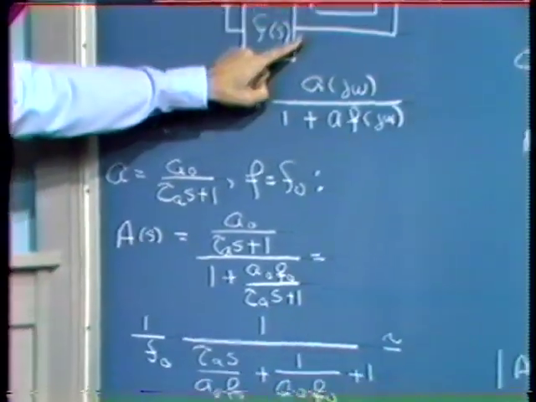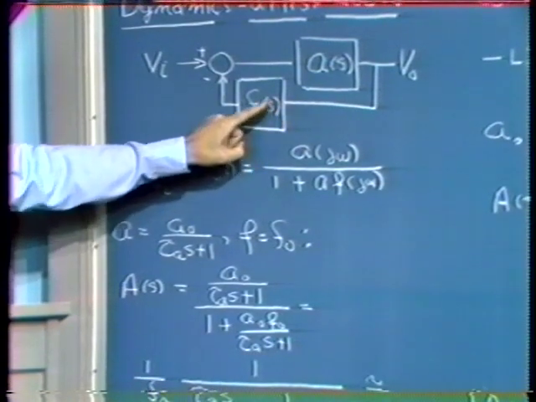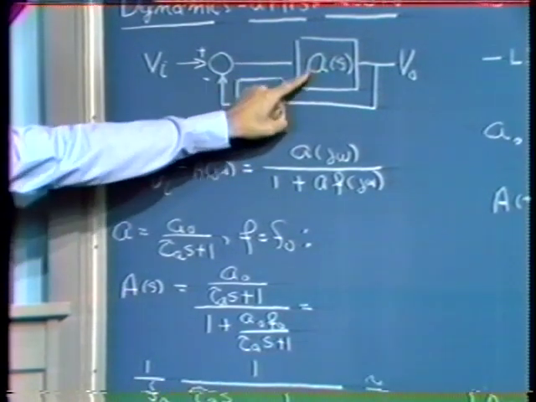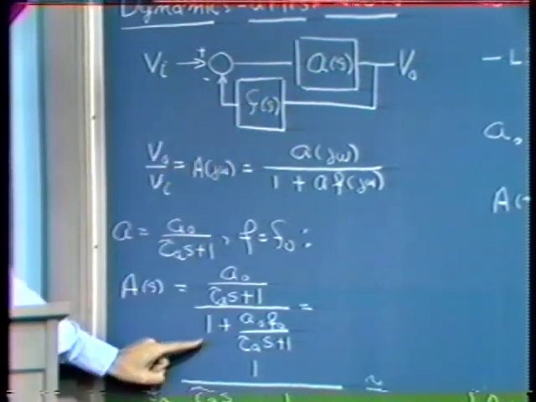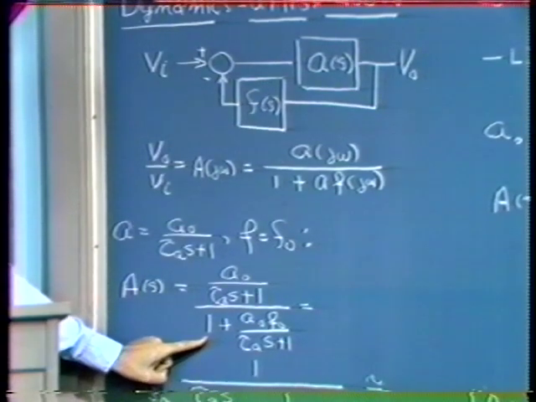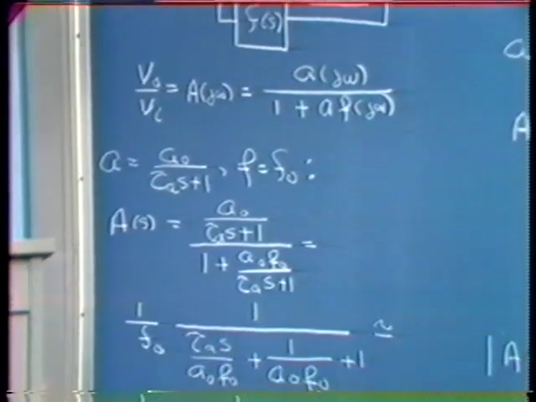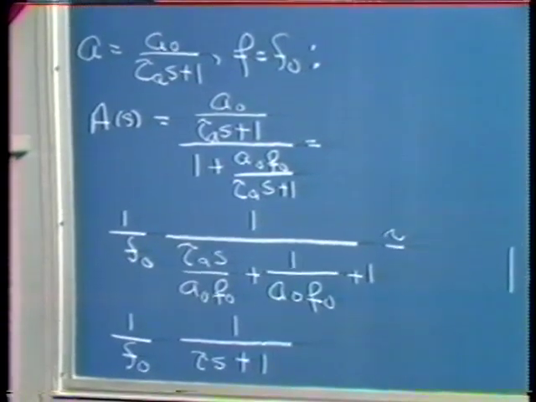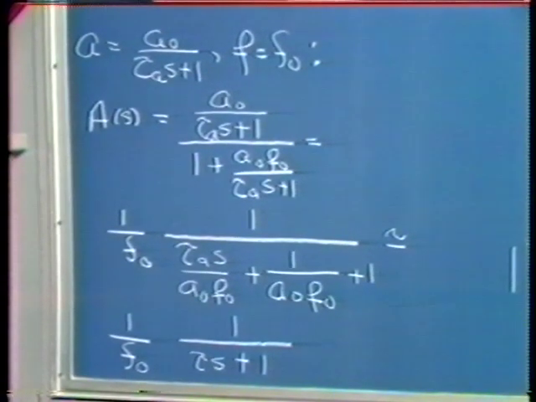Looking at our original system, we recognize that the loop transmission is minus AF. Consequently, 1 minus the loop transmission is 1 plus A0 F0 over tau A S plus 1.